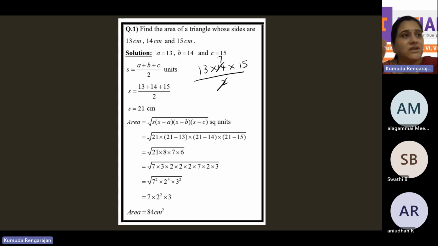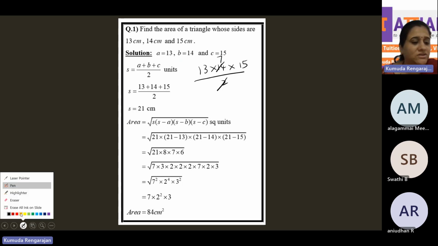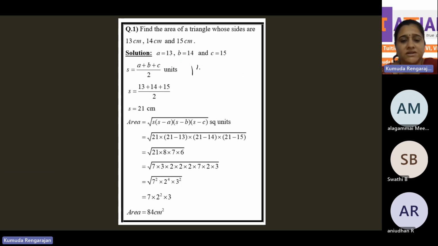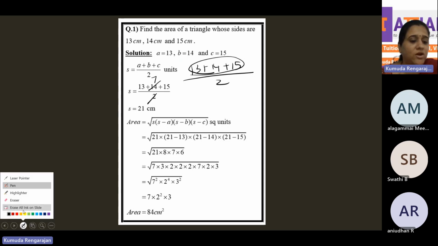But when it is addition or subtraction, the numbers are not independent. 13 plus 14 plus 15 by 2 means add and then divide by 2. Whenever it is addition or subtraction, you add or subtract and then divide. So you cannot cancel. You should not do this. That's wrong.